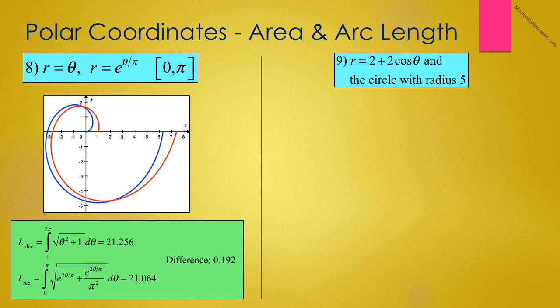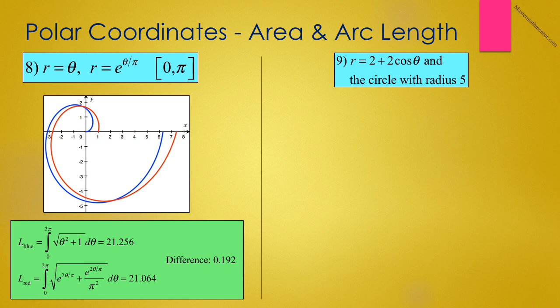The length of the blue spiral is given by the definite integral from 0 to 2 pi of the square root of r squared, giving us theta squared, plus (dr/d theta) squared, which is simply 1, d theta. And by the calculator, this is 21.256.